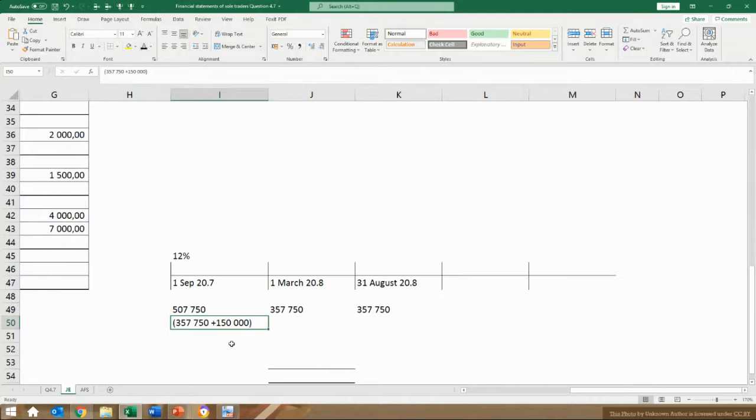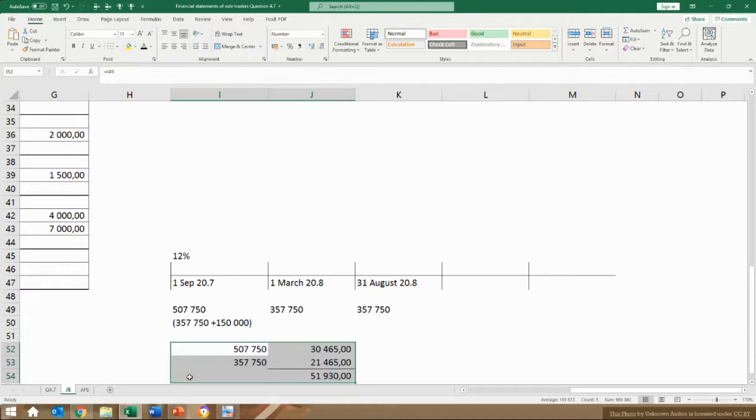So to work out the opening balance before we made that repayment, you take the balance at the end of the year, you add the 150,000, and the balance at the beginning of the year would have been 507,750. The reason I need that information is because the interest would be accrued on the outstanding balance for the time period that it was outstanding.